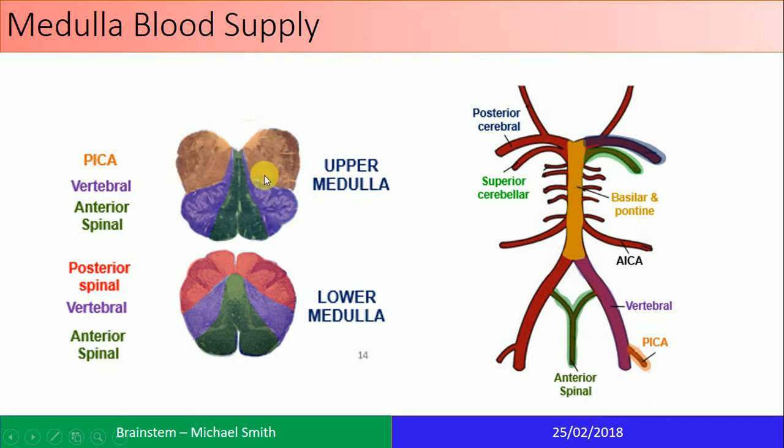We then have this middle part by our vertebral arteries, and then we have our anterior spinal artery, which we have just one of as it joins from the two, doing the front part. And the anterior spinal and vertebral arteries also do the lower medulla, and the posterior part is made up of our posterior spinal arteries, which come off of our PICA, just lateral to where you can see on the diagram.